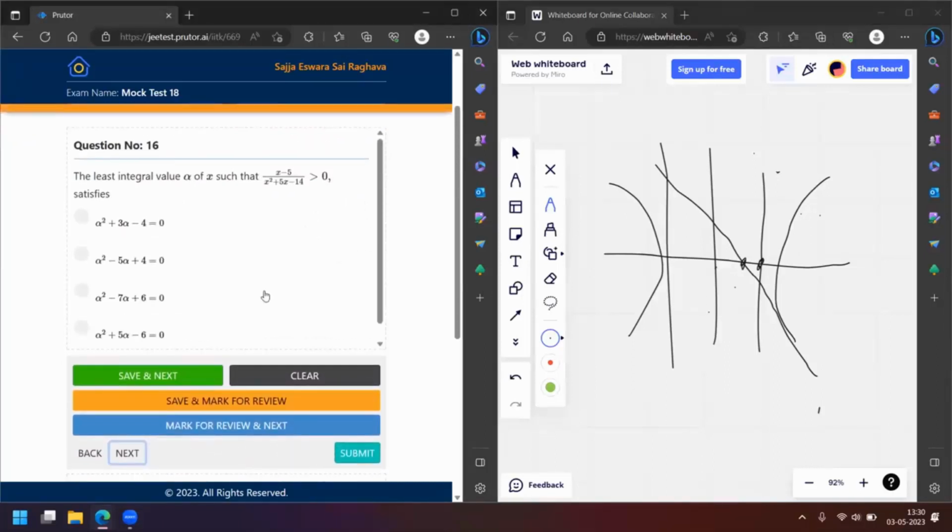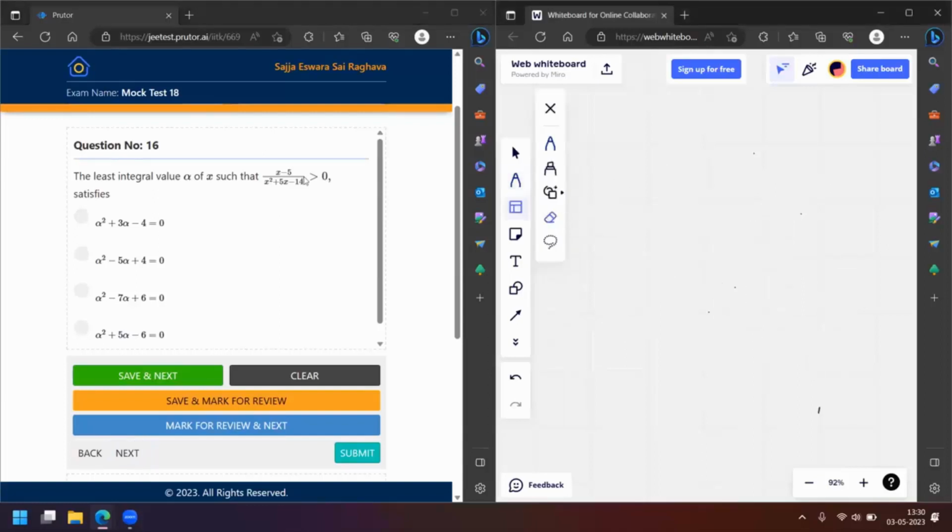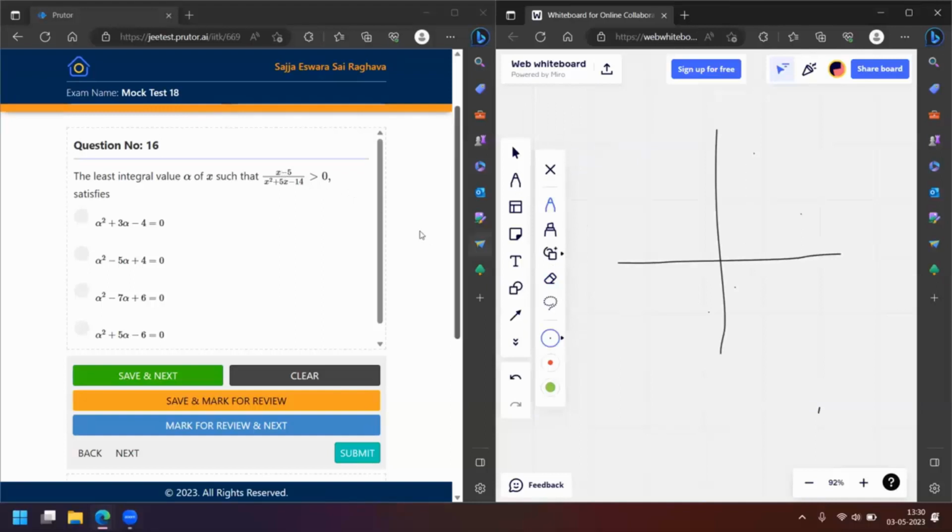The least integral value alpha of x such that x minus 5 by x squared plus 5x minus 14 is greater than 0. So first, since the fraction is greater than 0, we should get the numerator and denominator with the same sign. For the numerator, we can draw the graphs of the equations given here. Let us consider the points where the expressions become 0. x minus 5 becomes 0 at x equal to 5.